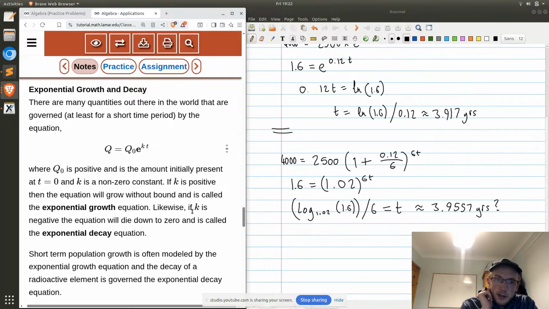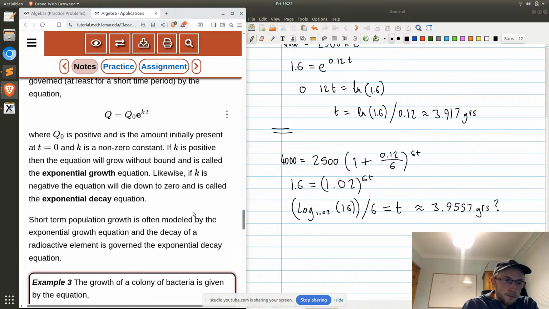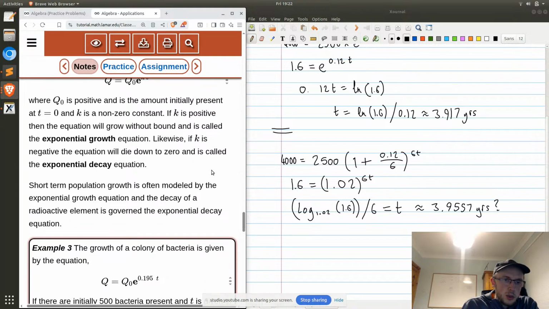If k is positive, then the equation will grow without bound and is called the exponential growth equation. Likewise, if k is negative, the equation will die down to 0 and is called the exponential decay equation. Short-term population growth is often modeled by the exponential growth equation, and the decay of a radioactive element is governed by the exponential decay equation.